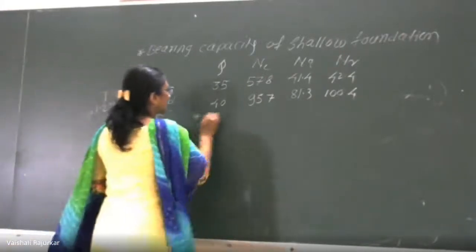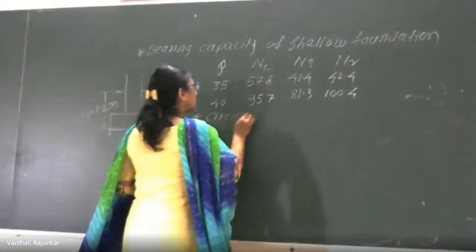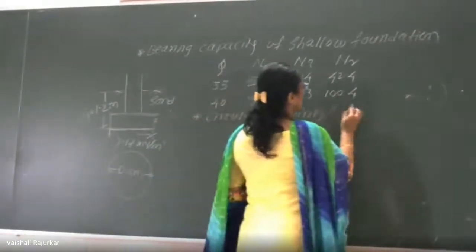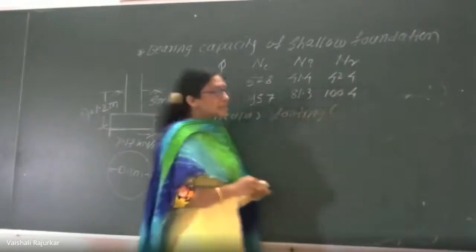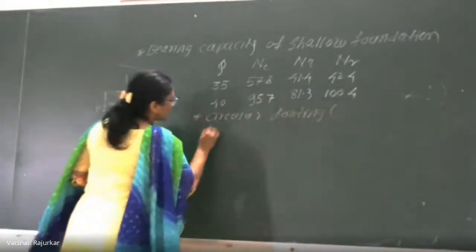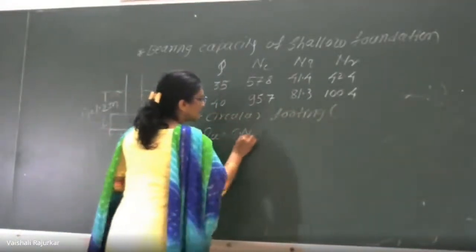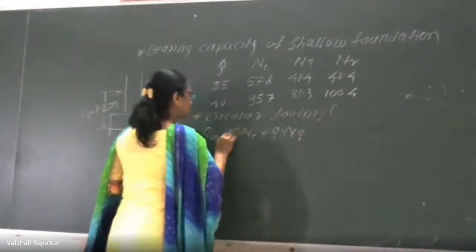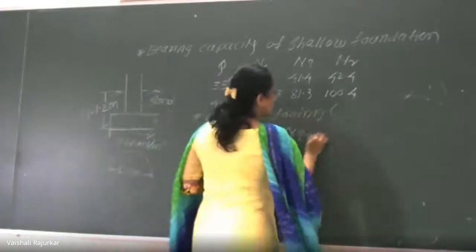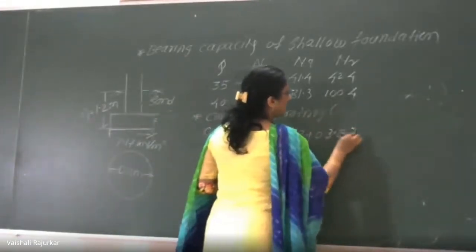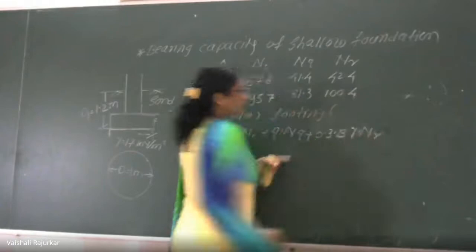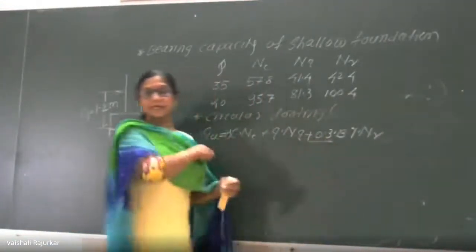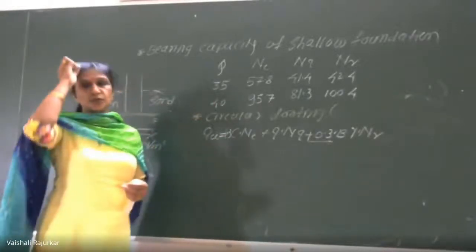So sand is given. In this case, the footing is a circular footing. As it is a circular footing, the equation is qu = cNc + qNq + 0.3 B gamma N gamma. Now always remember that the circular footing is never suggested for use in the field.